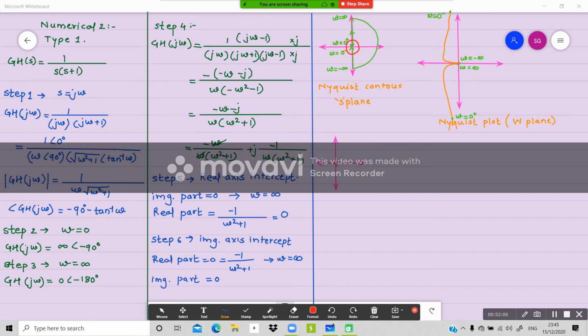This pole is over here. Let us say we are at omega equal to 0 minus. So we are going to detour from 0 minus to 0 plus. That means we are going to exclude this pole, will not include it in the RHP, or rather in the contour.